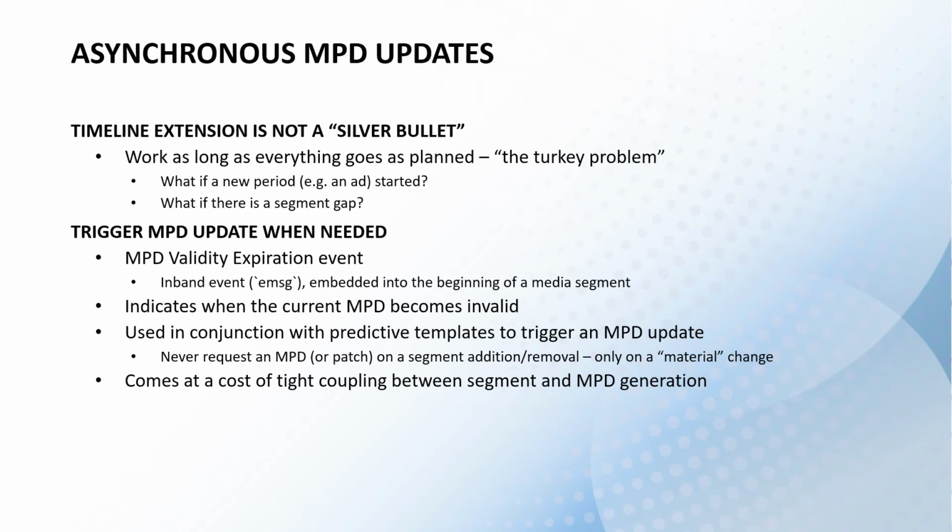There is a problem with this: the turkey problem. A turkey is being fed by a butcher, and it's fed pretty regularly. It knows when it will be fed. It can even build pretty graphs about it. But then we have Thanksgiving. So here, what if there is an ad? What if there is a new period?